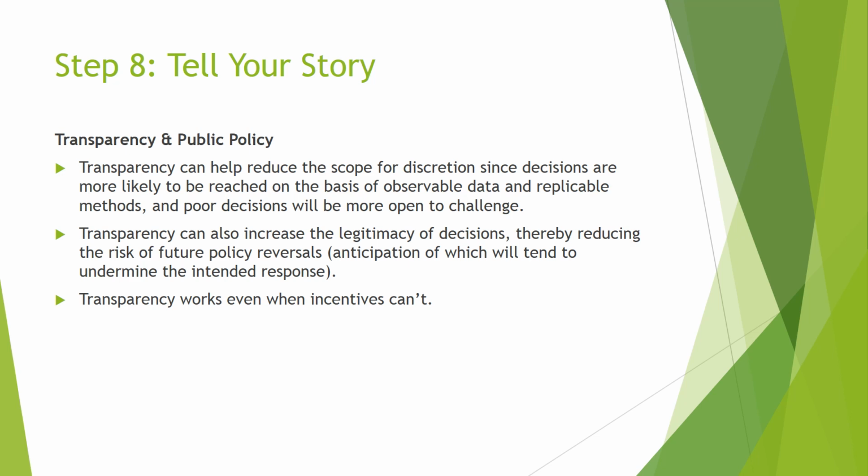Transparency can also increase the legitimacy of decisions, thereby reducing the risk of future policy reversals, anticipation of which will tend to undermine the intended response. So you're already being half-truthy, you're already being not as transparent as you should be. What this sentence is saying is that it will cause you to always wonder, oh gosh, when is this going to be disclosed?